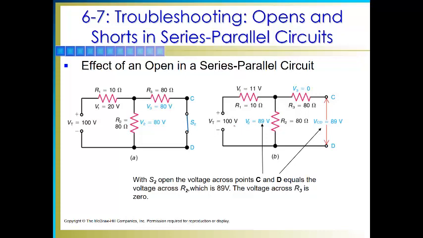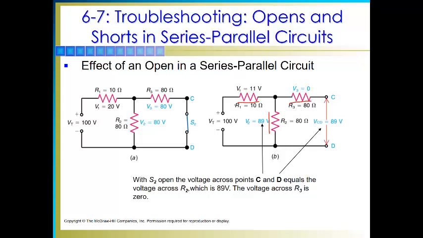These 100 volts have to be distributed between this resistor and this resistor only, not on this one, because there is no current here. So if there is no current, no voltage can be dropped on this resistor, because remember, the voltage equals resistance times the current. 80 times 0 is still 0.